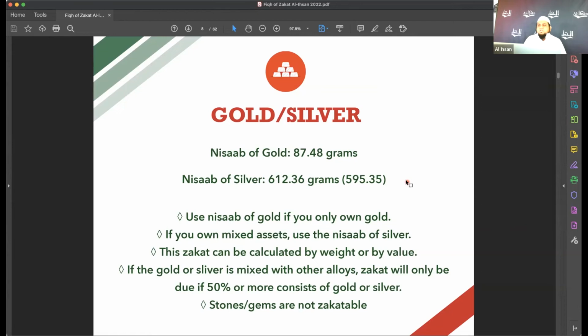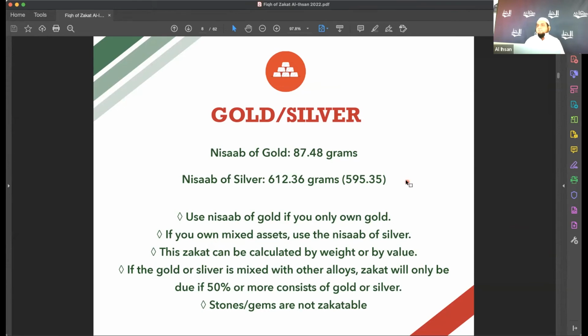The problem, not a problem, but the dilemma that ulama have been facing for a long time in zakat is that the nisab of silver is what has been agreed upon for centuries. That's what is used. But nowadays, a person who has $500-$600 has met the nisab in savings, but by no means or measure will they be considered wealthy, right?